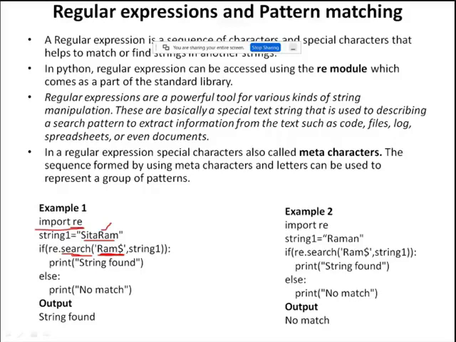If I write dollar at the end of some characters, it tells the interpreter that the string should end with Ram. That means Ram should be the last 3 characters of the actual string.